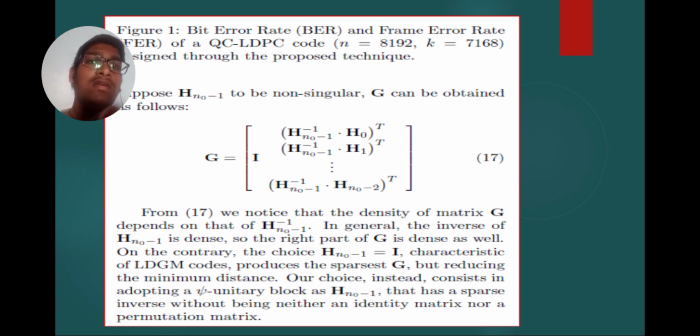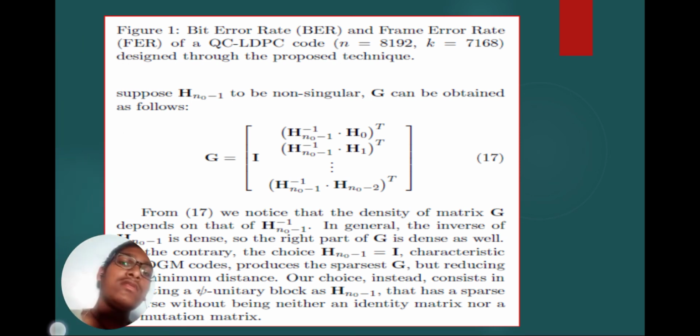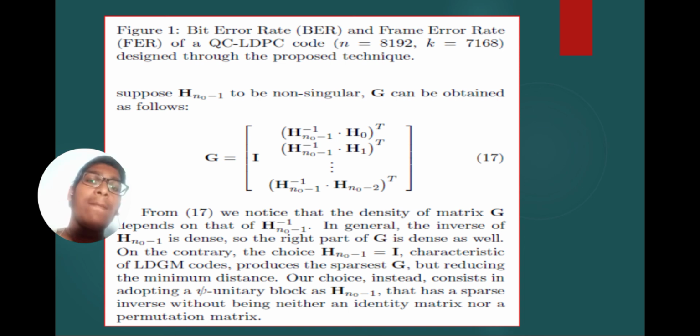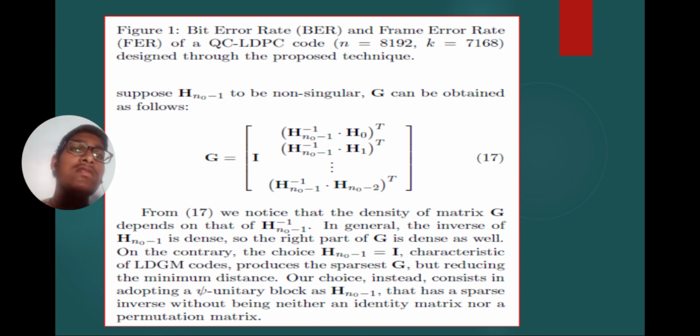In this diagram, figure 1 shows the bit error rate BER and frame error rate FER of a Qc-Ldpc code with n equals 8192 and k equals 7168, designed through the proposed technique.